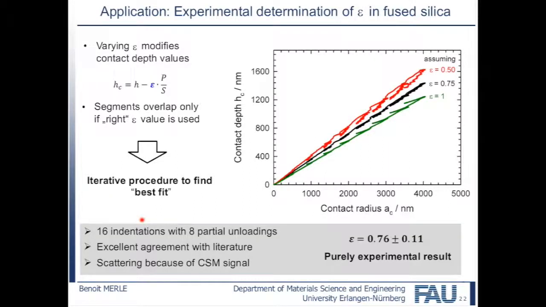At the end, we could determine that for the value of 0.76, we had the best agreement between loading and unloading. This value of 0.76 is in excellent agreement with the literature, and the advantage of our new method is that it's a purely experimental result without need for any theoretical background at all. However, you can only apply this method to very elastic materials.